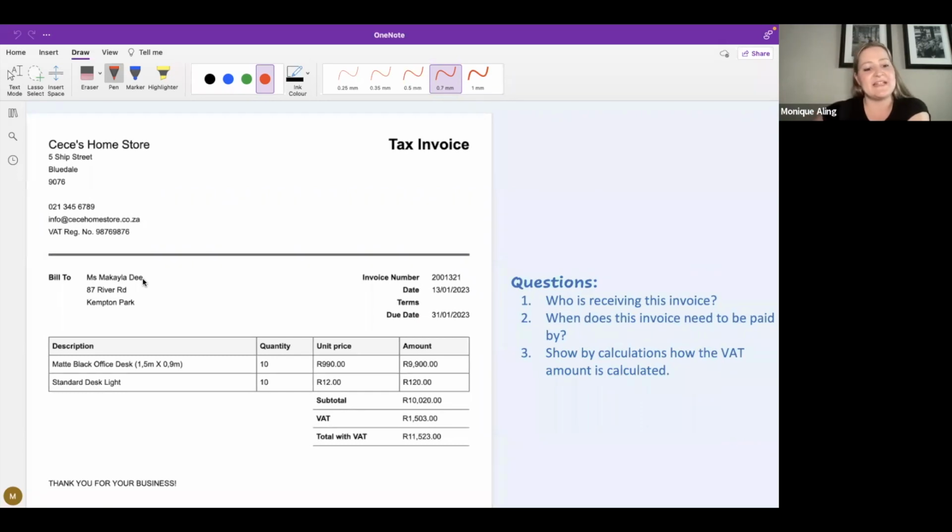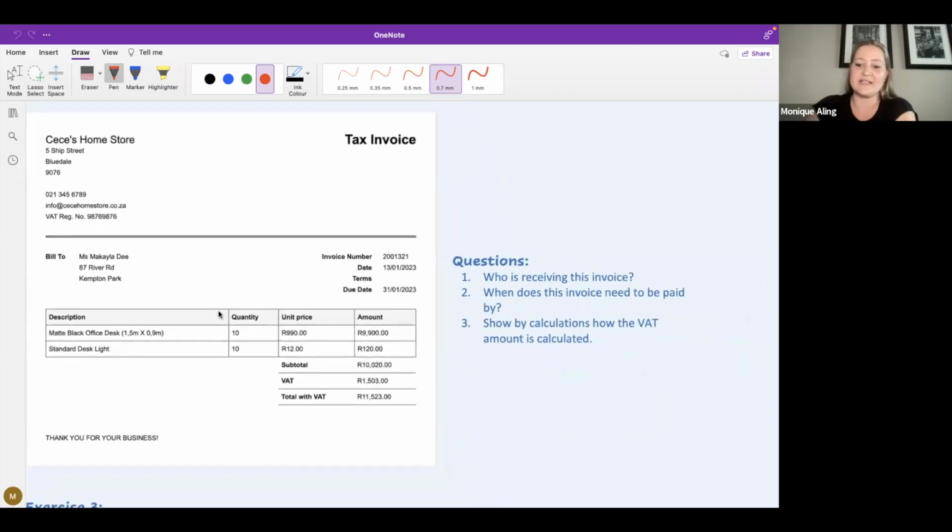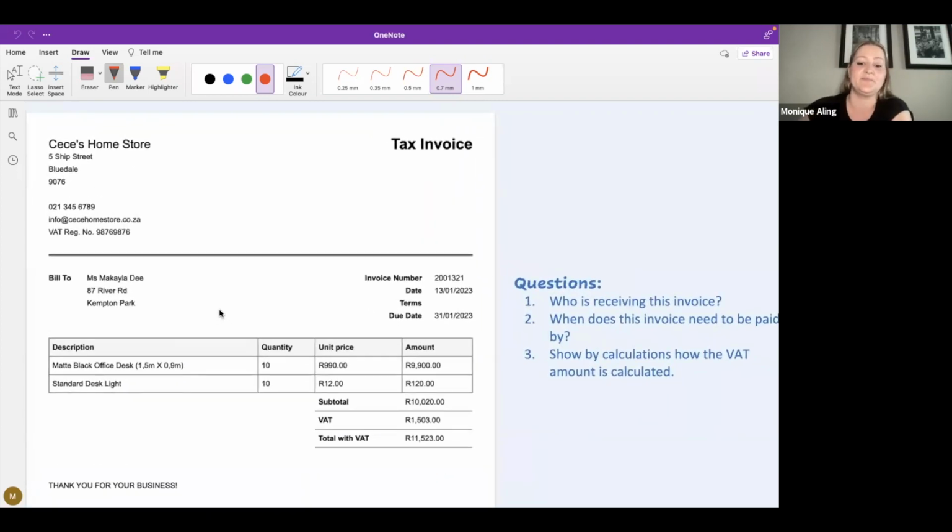Bill to, Miss Michaela D, they give us her details as well. Okay, then it says, when does this invoice need to be paid by? Okay, good. Well done, everyone. You've all got the correct dates. Needs to be paid by the 31st of the 1st, 2023. Great. Nothing too difficult there.